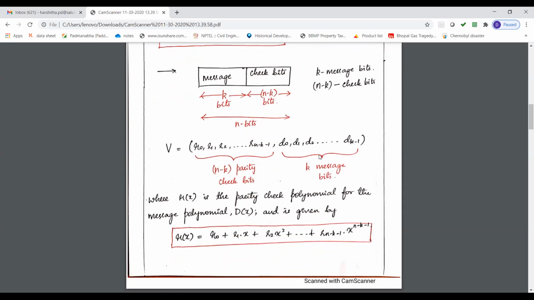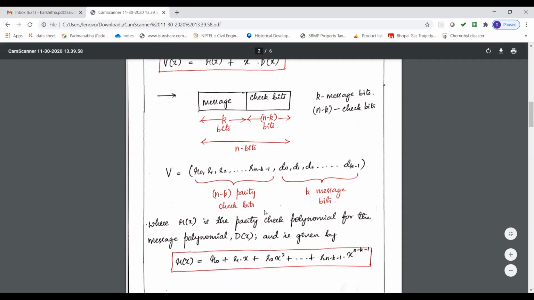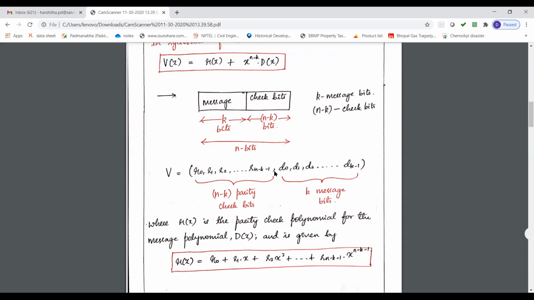Next we'll have the message, which is k bits in length and is indicated by d0, d1, d2 and so on till dk-1. The parity check bits are represented by the remainder r0, r1, r2 and so on till rn-k-1. So what is this remainder, and how did we get it? I'll explain it.